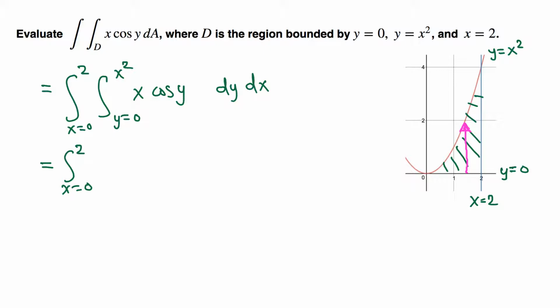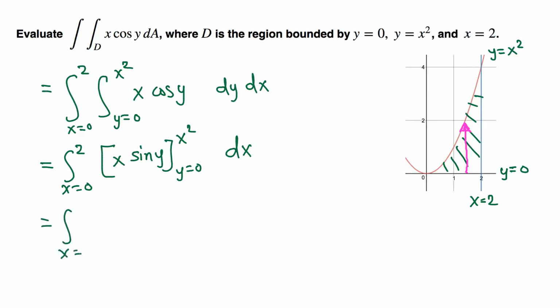X behaves like a constant, so cosine y, antiderivative of cosine y is, oh, just sine y. This will be x sine y, because derivative of sine y is cosine y, and we want to evaluate this from y equals 0 to y equals x square. Okay, and we still have dx.